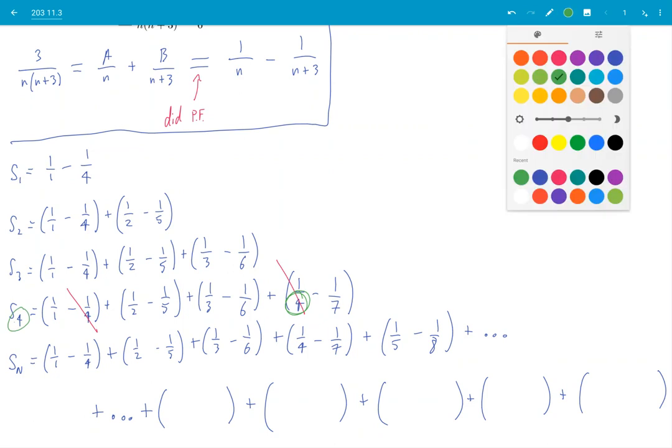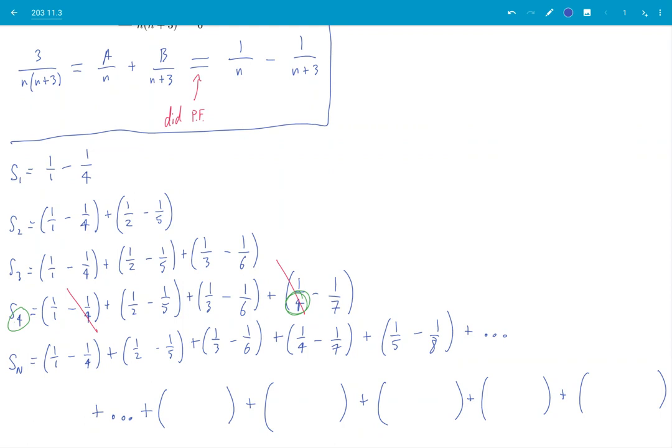That tells me that because I have an n here, my last term should be 1 over n there.